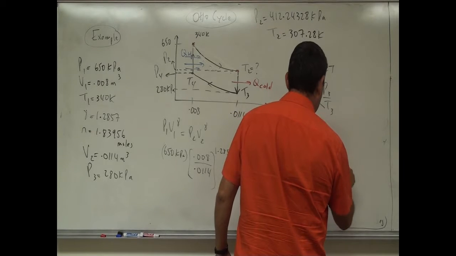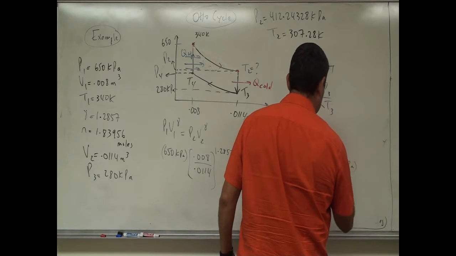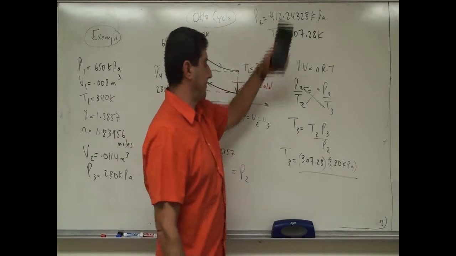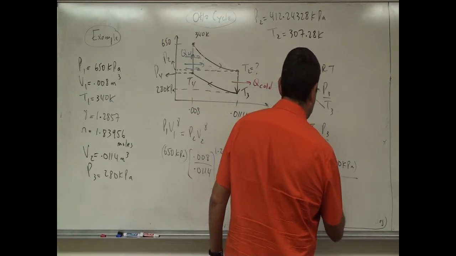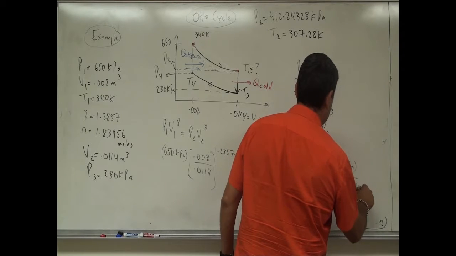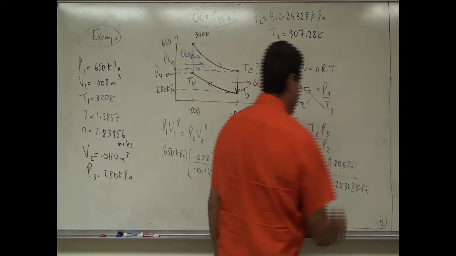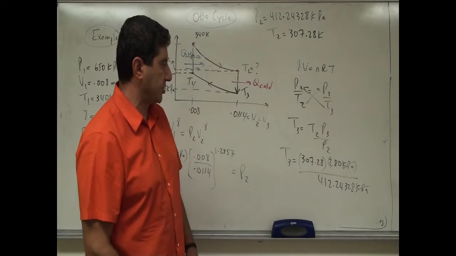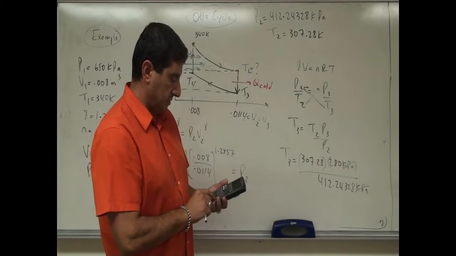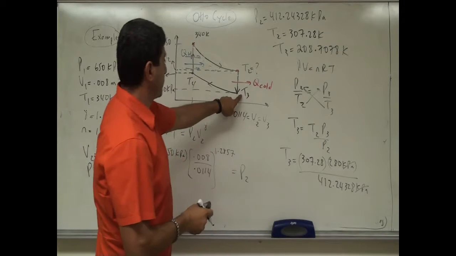So 280 kilopascal, and then divide that by the P2, which is 412.24328 kilopascal. Well, on this one, the kilo cancels the kilopascal, so we don't even need the kilo. You just do 307.